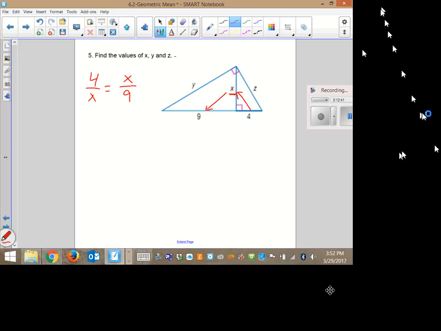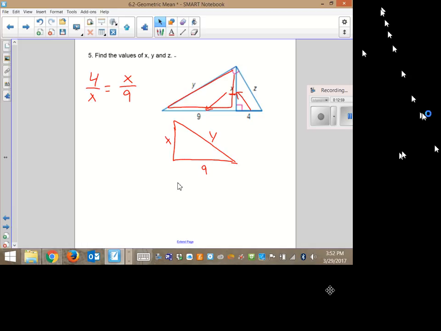Now some of you are probably saying, where did you get that? How did you know that? So I can draw out my medium triangle here, and that's this triangle. So I'm going to label this 9, X, and Y. Now I'm going to draw my small triangle, and that's right here.